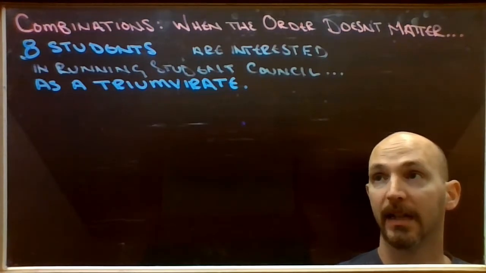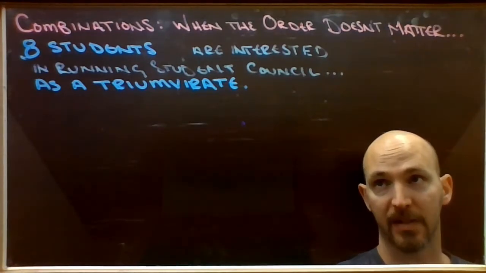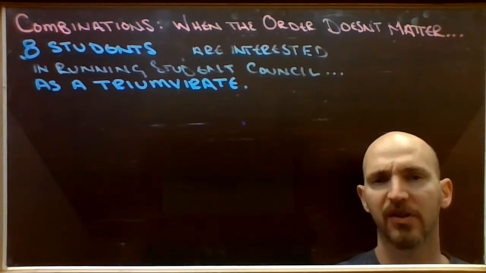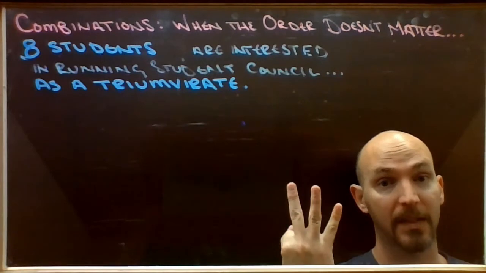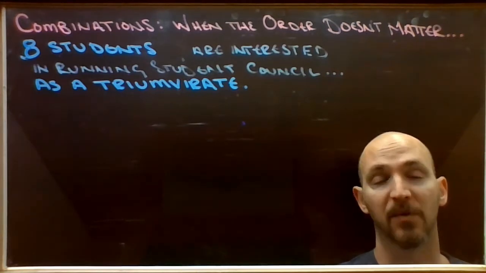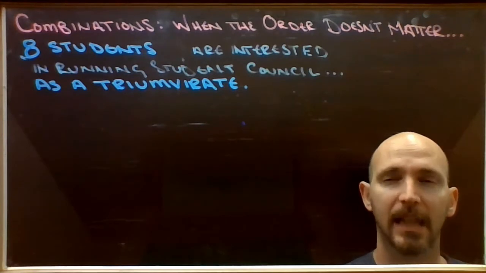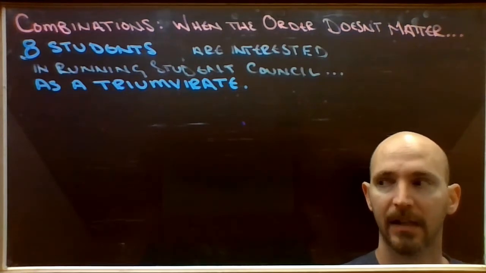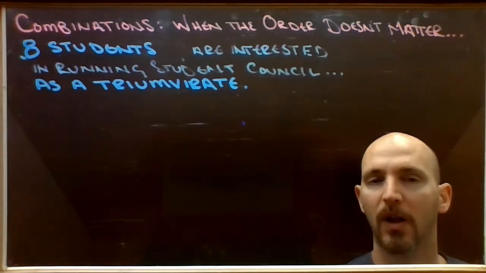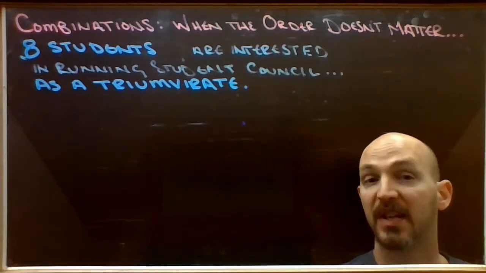this time we're going to let 8 students be interested in running the student council as a triumvirate. So not just 2 co-presidents, but 3 people operating with the same authority and the same responsibilities. So once I select my 3 out of 8, it doesn't matter which order I selected them in, because they all have the same position.